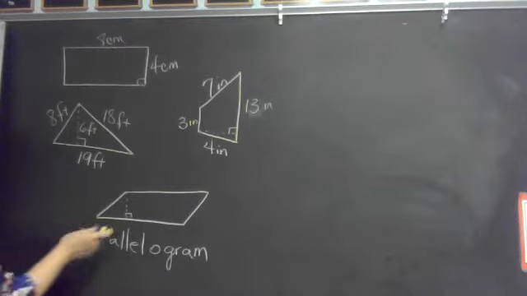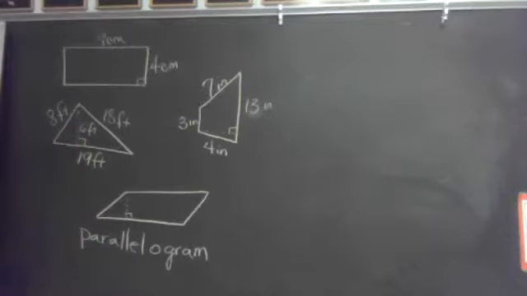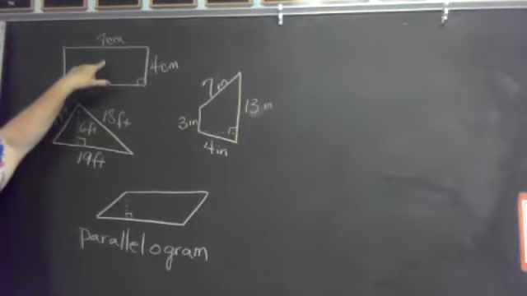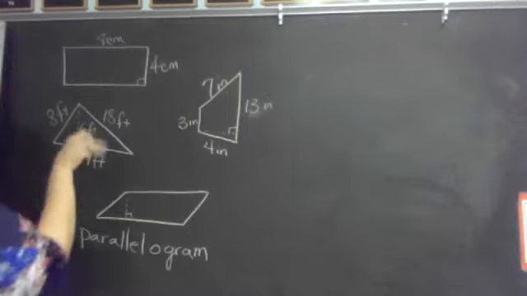I'll go ahead and put dimensions on this one also, and then we will start with the rectangle. You guys can go ahead and get started. I want to know the area and the perimeter of this rectangle. Let me get these on and I'll get out of the way.